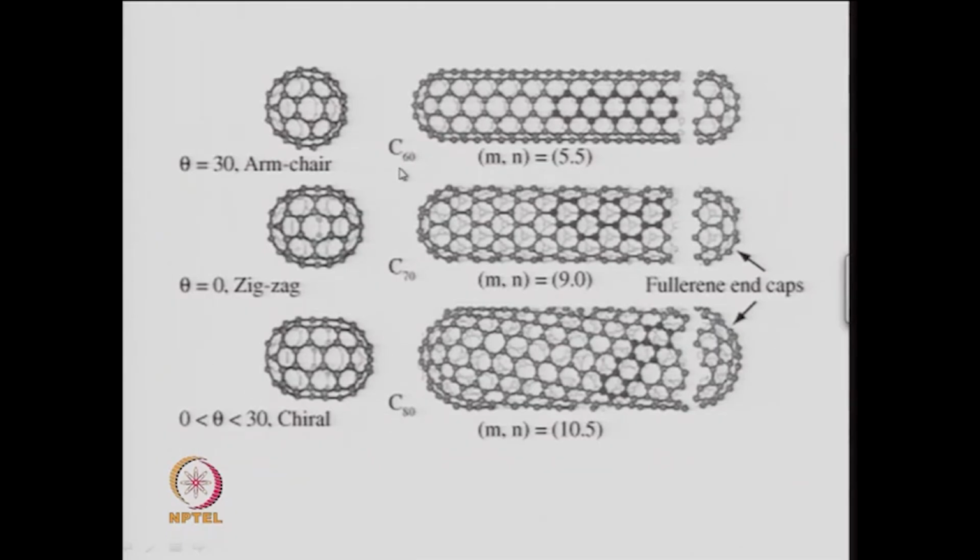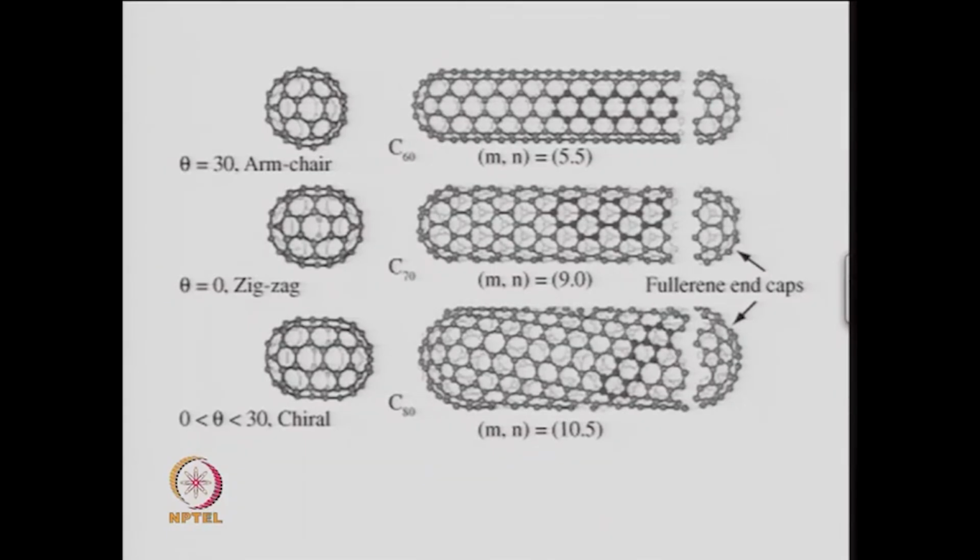So, depending on what kind of nanotube you have, if you want to close the nanotube, then you need a fullerene of a particular kind, which varies with the type of nanotube you have, where m and n are the indices which define the type of nanotube, and these are basically the coefficients of the 2 vectors in the hexagonal ring of a graphene layer.